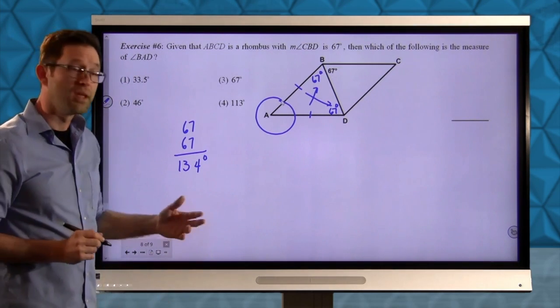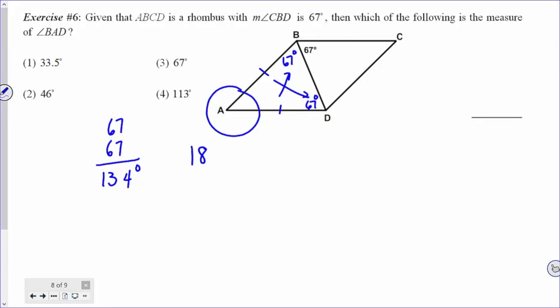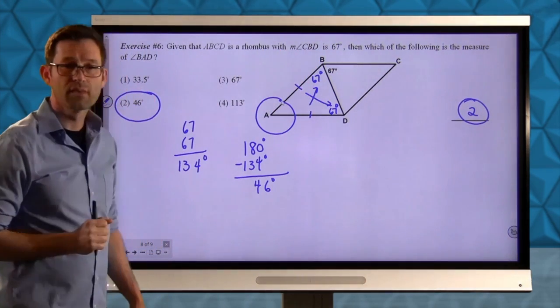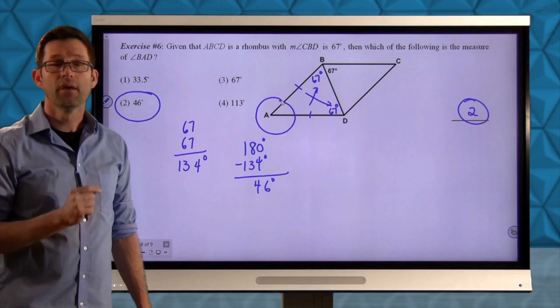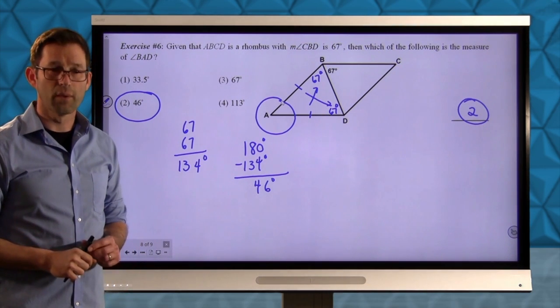Because all the angles in a triangle must add up to 180 degrees, I'll just subtract off that 134, and I'll find an angle of 46 degrees. All right, simple enough. Take a moment, write down anything you need to, and then we'll wrap up the lesson.